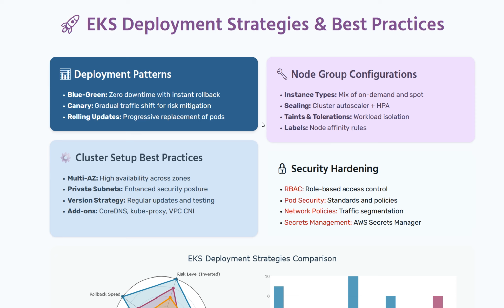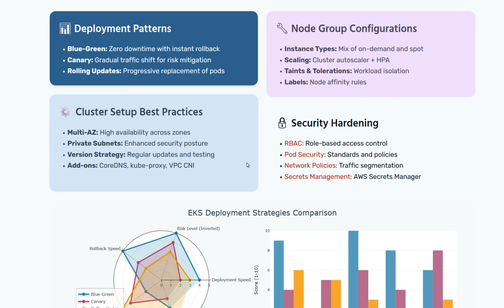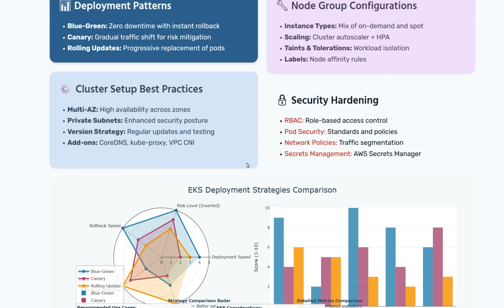Scaling: cluster autoscaler and HPA, right? Taints and tolerations, workload isolation, labels, node affinity rules, right? Cluster setup best practices: multiple availability zones for high availability across zones, private subnets for an enhanced security posture, version strategy with regular updates, and setting up add-ons: CoreDNS, kube-proxy, VPC CNI, right?